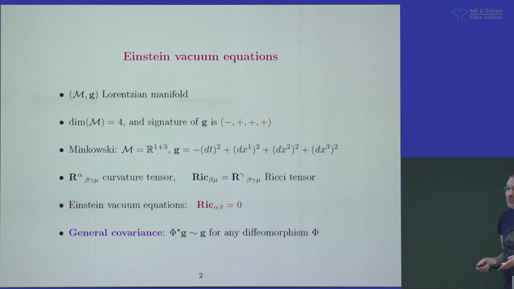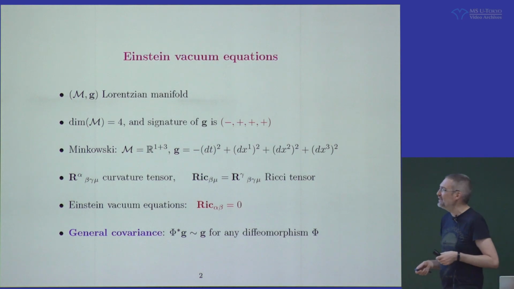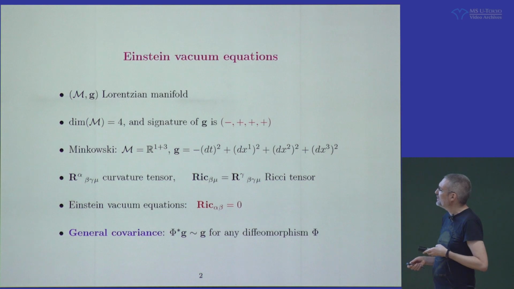Okay, so these are the equations I'm going to focus on. And these equations in particular have a special property. The first property of these equations is general covariance. If I have a metric solution to the Einstein vacuum equations, and if I pull back the metric with any diffeomorphism, then I still get a solution of the Einstein vacuum equations. For this reason, you consider that these two metrics in fact reflect the same solution.